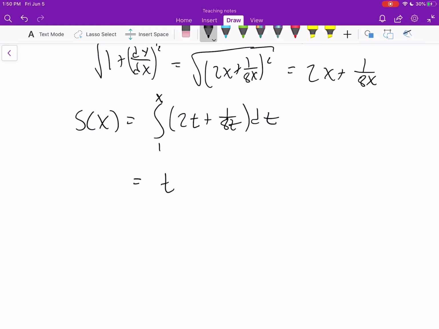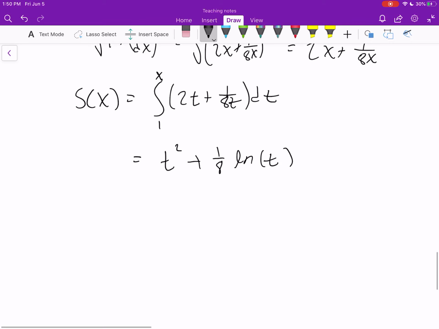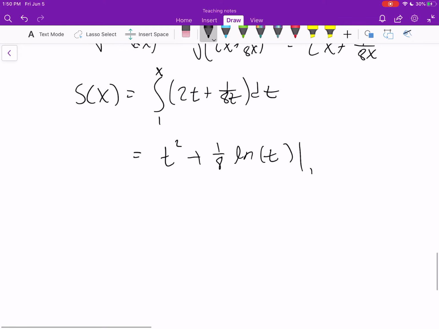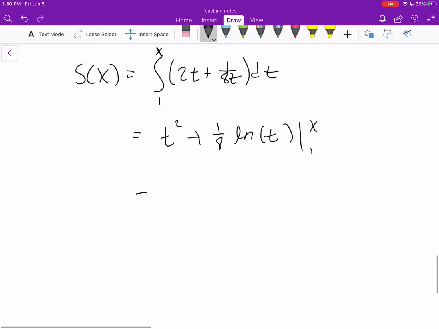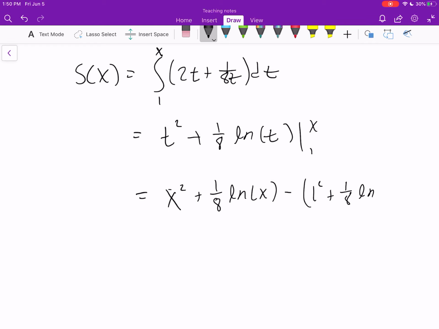So this is t squared plus 1/8 ln of t. I'm going to evaluate this from 1 to x. When I do that, I'm going to get x squared plus 1/8 ln of x, minus 1 squared plus 1/8 ln of 1.